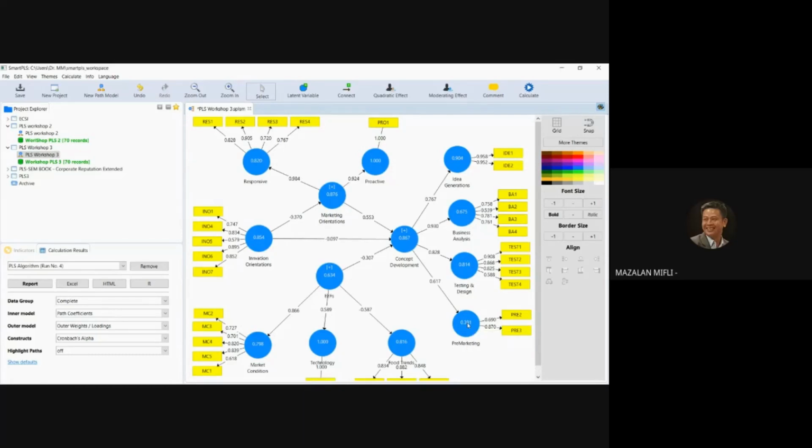Personally, you can retain this because so far all the R square is good. Even if it is a low R square, it's okay. Just report that you have a minimal R square value. It's still acceptable. It doesn't have to be high. So R square is good.